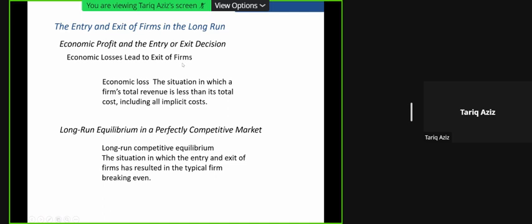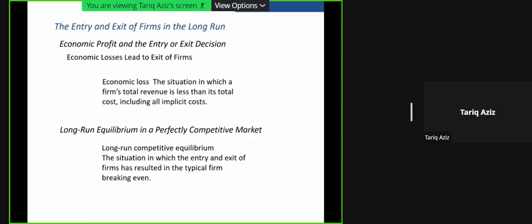So if there is economic profit in a particular industry, new players will enter that market. If this continues, the economic profit will turn into economic loss. If a lot of players are there, it will lead to economic loss, and because of economic loss, firms will exit that business. And this process of entry and exit will continue.